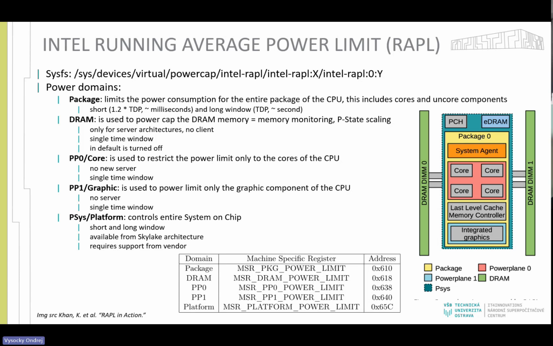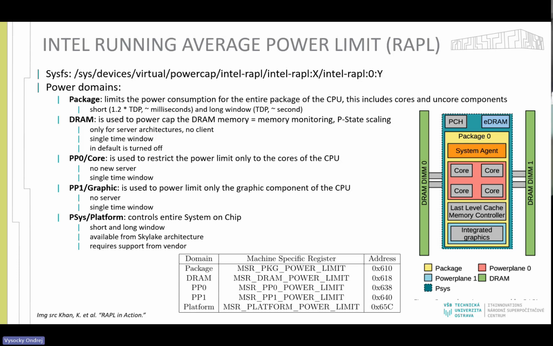As you can see from the name, it is a power limit interface. So it has not been really designed to measure overall energy consumption. It is kind of a side effect, but it's designed to provide you a power capping solution for your CPU.